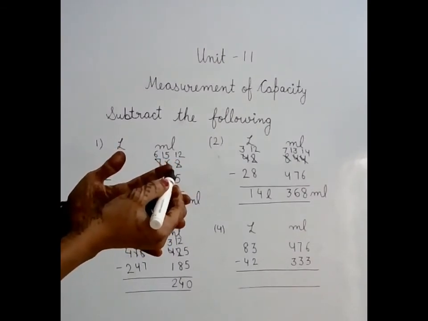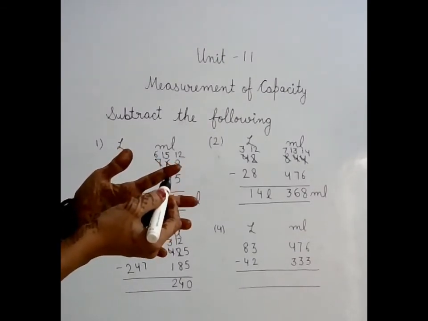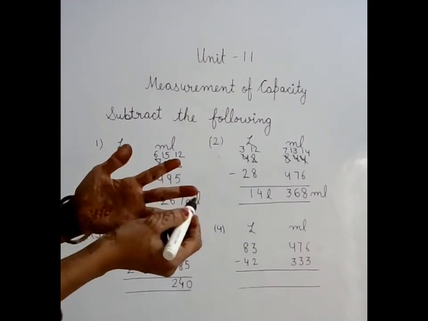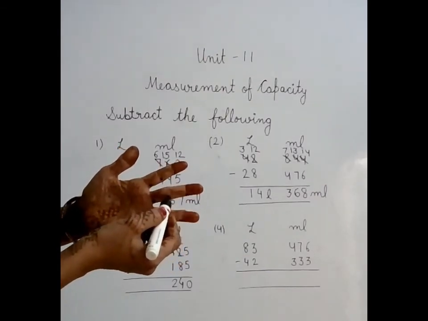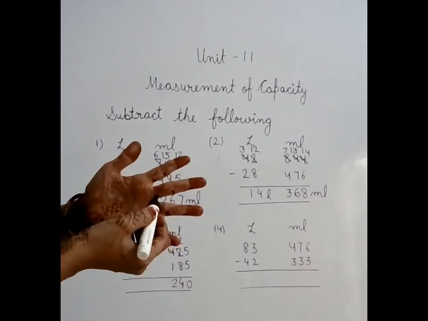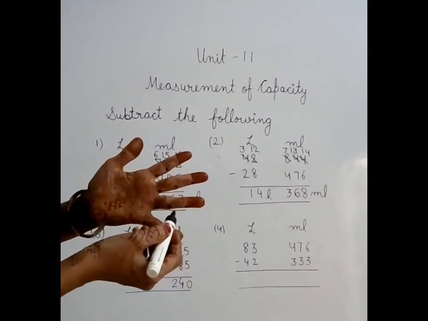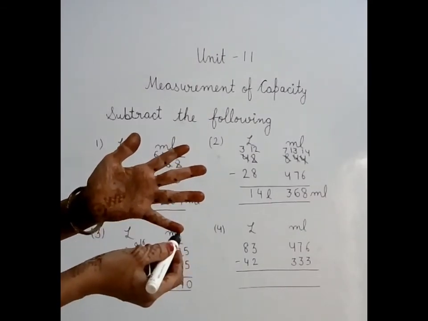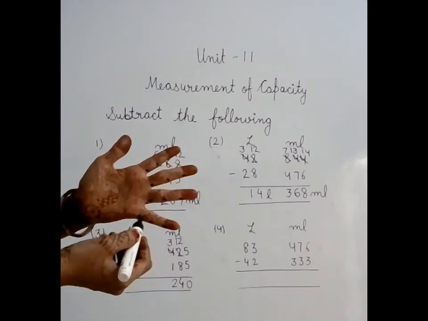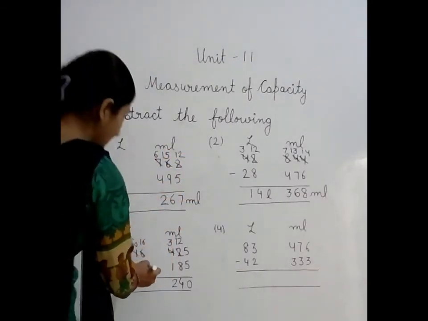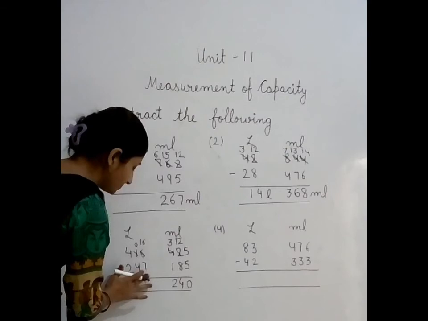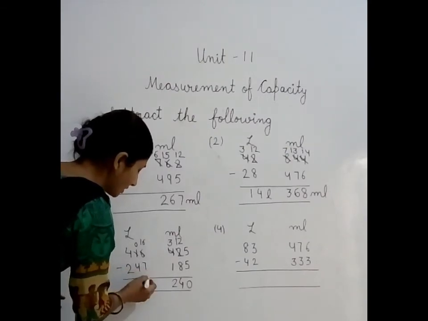In this 16 how much do we subtract? 7. 1, 2, 3, 4, 5, 6, 7. Let's see how much is left. 1, 2, 3, 4, 5, 6, 7, 8, 9. So we write here 9.